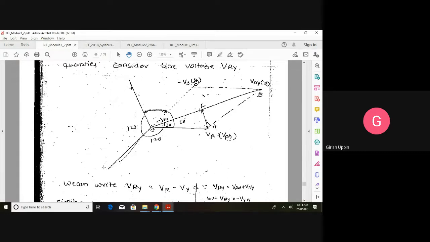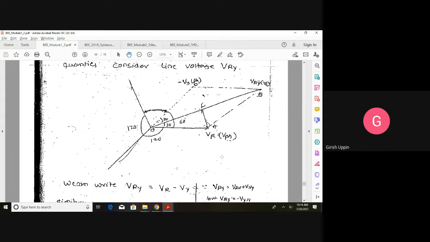This is not marked here, please mark it. This is VY. VY is lagging 120 degrees, and VB is at 240 degrees from the reference. So these are the three phase voltages: VR, VY, VB. Those are the phase voltages.